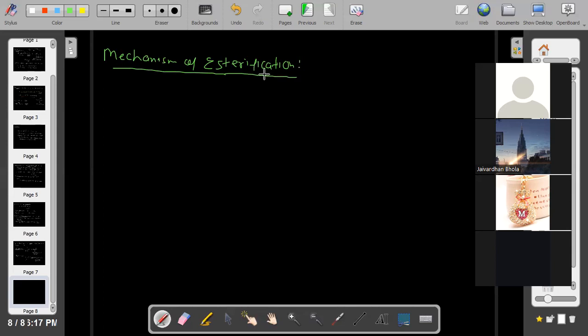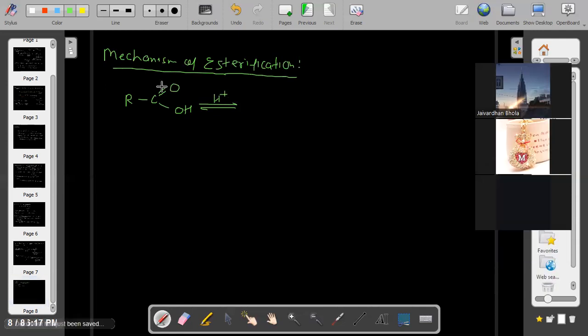How does this reaction happen? Take RCOOH. Then H+ you will get from the acid, H2SO4.